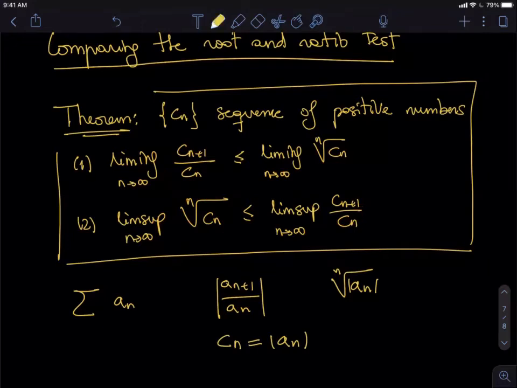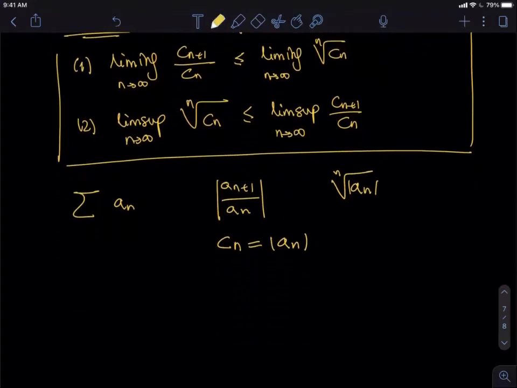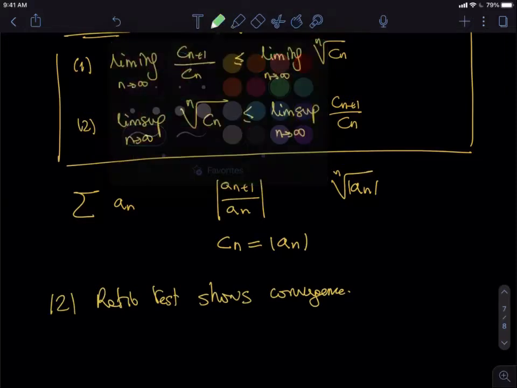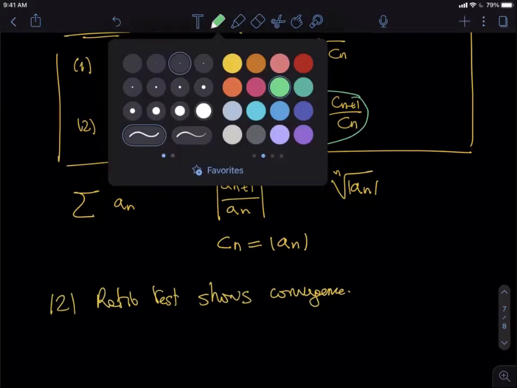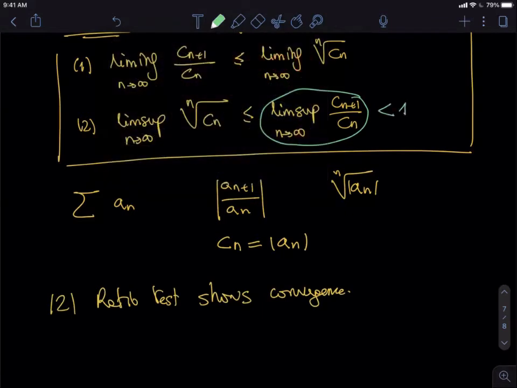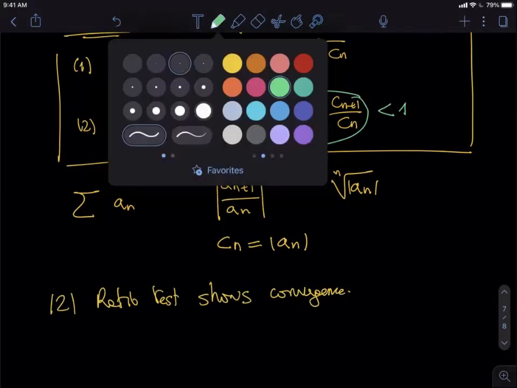Okay, what's the big deal about this? From 2, we see that if the ratio test shows convergence, okay, that means that the lim-sup here is less than 1. That would mean automatically that the root test is also going to show convergence.